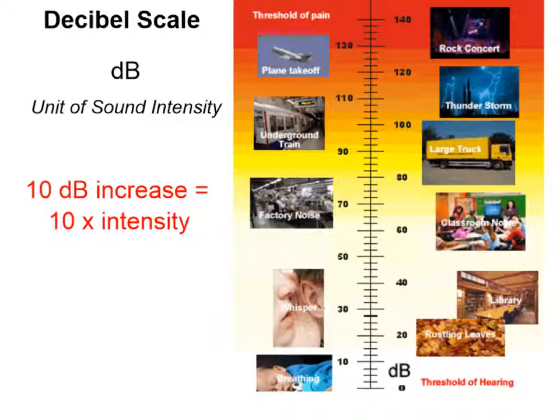If I go from 30 decibels to 100 decibels, that's actually 10 times 10 times 10 times 10 times 10 times 10 times 10 times more intense. So that would be 10 million times more intense. 100 decibels is 10 million times more intense than 30 decibels in sound intensity.